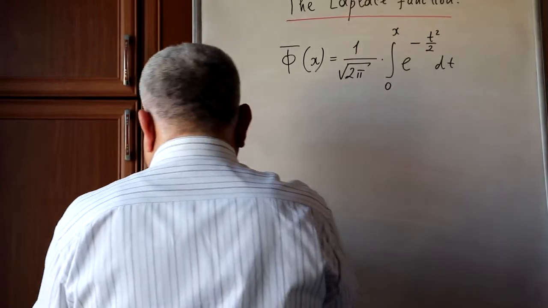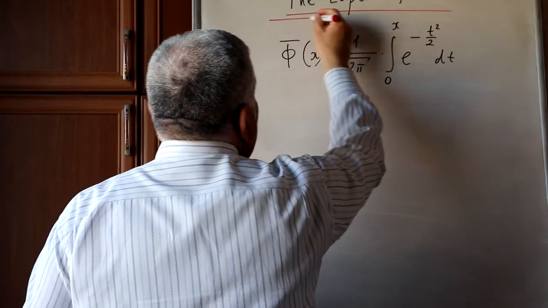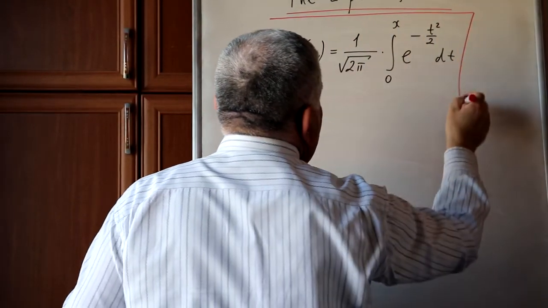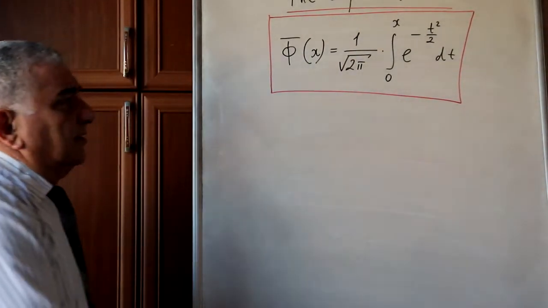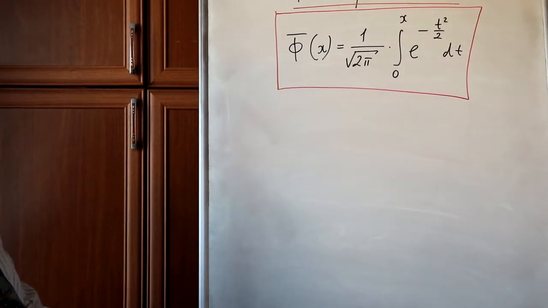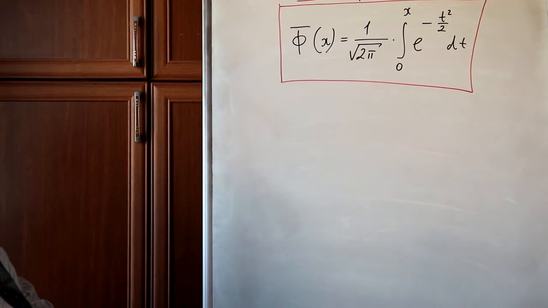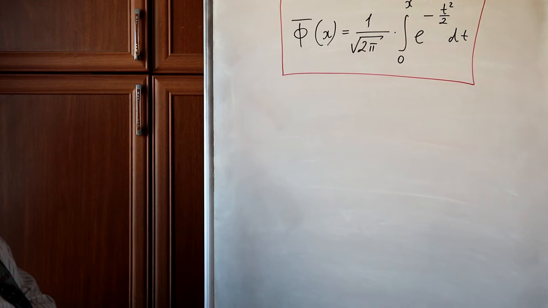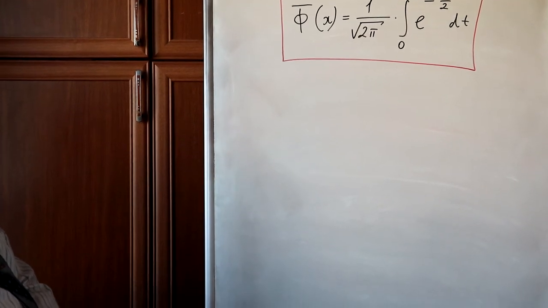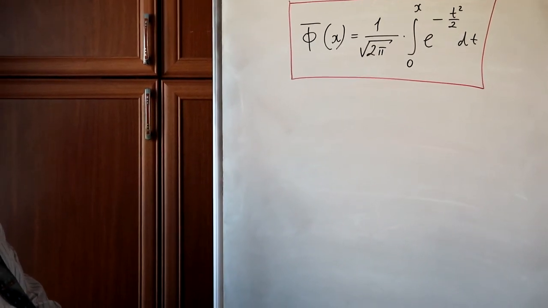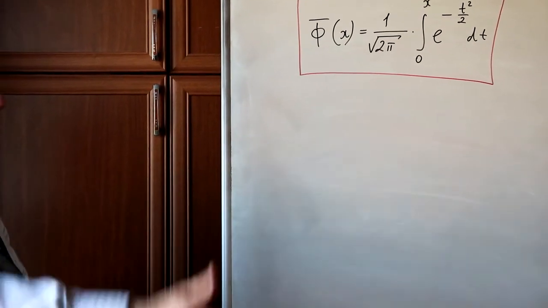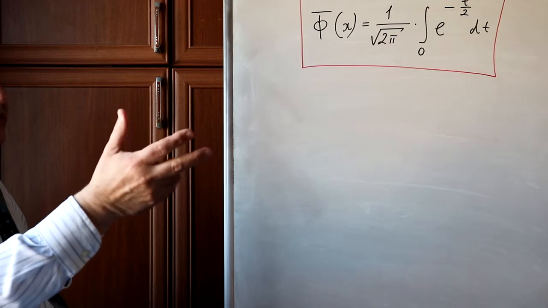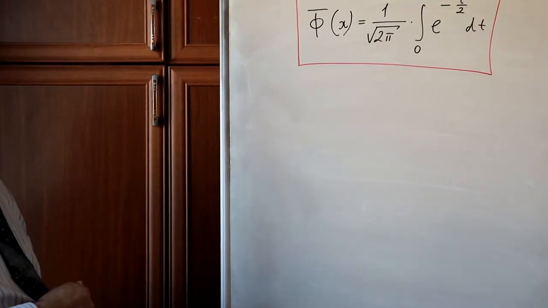It is Laplace function. And then we must define the connection of Laplace function with the error integral and express Laplace function by means of error integral, and also express the error integral by means of the Laplace function.